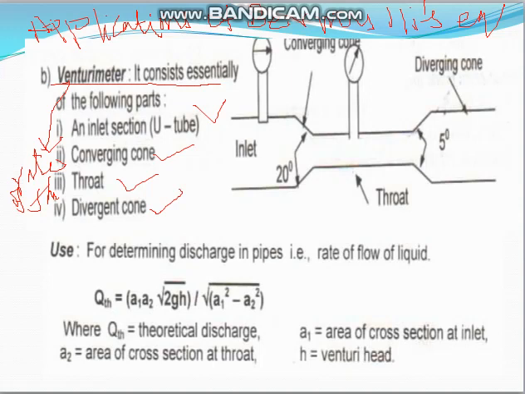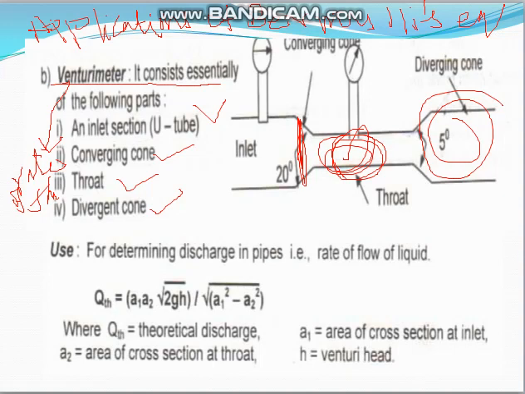See, first one is the inlet section, second one is the converging zone, and third one is the throat. This will be the throat here. Another one is the diverging zone, that is the diverging cone will be here. So this will be the inlet.